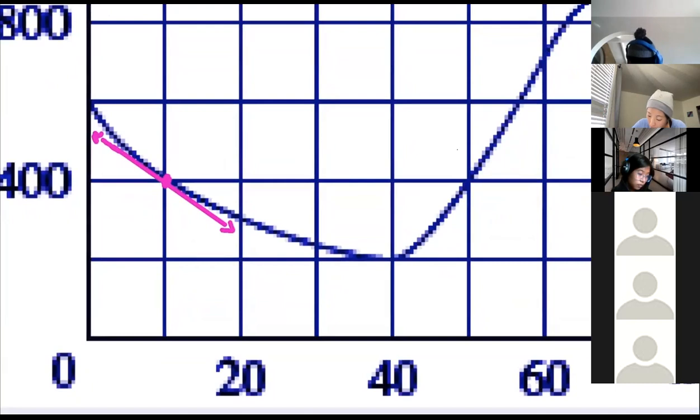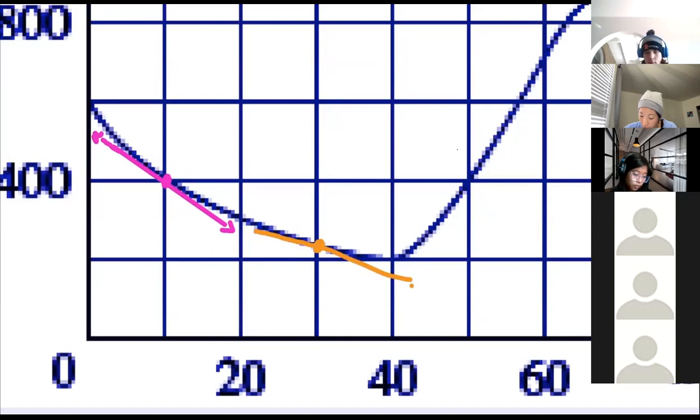Now, if we use that same idea to think about what's happening at x equals 30, so x equals 30 is right here. If I were to draw a line that describes the slope of this curve right at this point, it might look something like this.